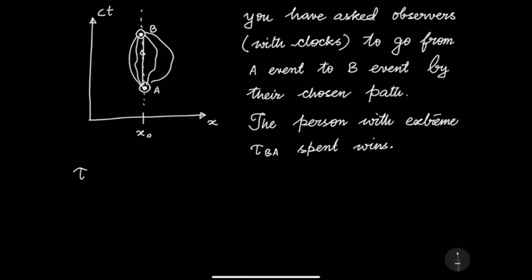The proper time spent by each observer will be given by the integral from TA to TB, where this T is calculated in any reference frame, of dt root over 1 minus v square by c square.